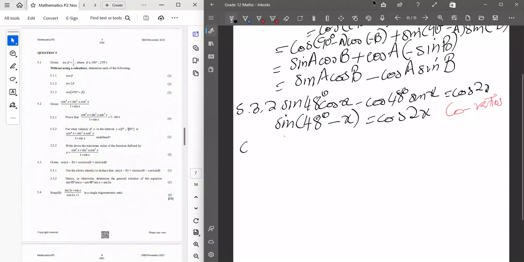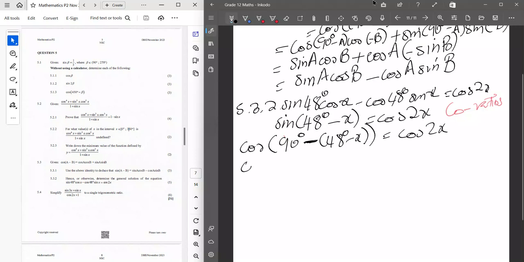So this was, if you can look at it, cos(90 degrees minus (48 degrees minus x)) is equal to cos 2x. You agree with me that cos in the 90 minus is positive. But because of 90, cos changes to sine, and we will be having this. So basically this was giving us this. Now let's go.